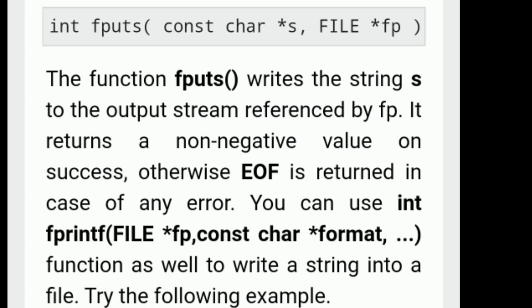int fputs(const char *s, FILE *fp); The function fputs writes the string s to the output stream referenced by fp.